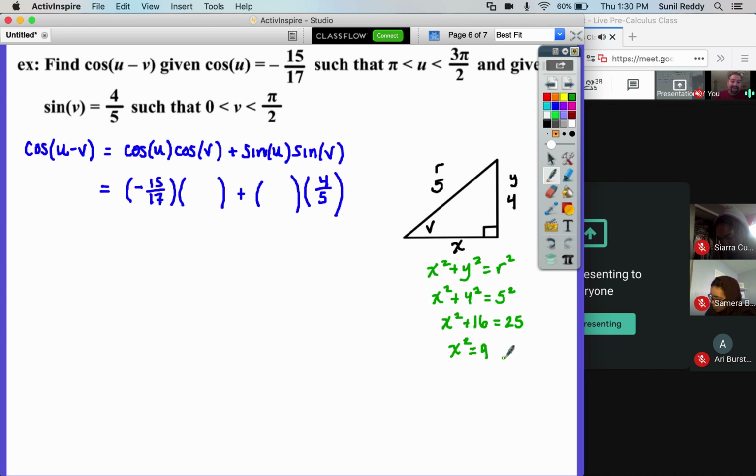which tells us that x is either positive or negative 9. And remember, this is where you think about the quadrant. Angle v is between 0 and pi over 2 radians, so that's quadrant 1. And in quadrant 1, my x value should be positive.